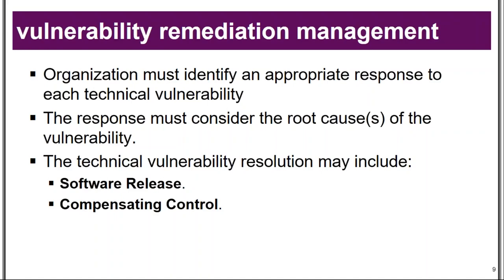That alternative control can be deployed to quickly prevent further exploitation of the vulnerability. You have to triage, right? You have to stop the bleeding first and then try to figure out what you can do for a long-term fix. So just like the software release approach, compensating controls can be done in an emergency situation as well.